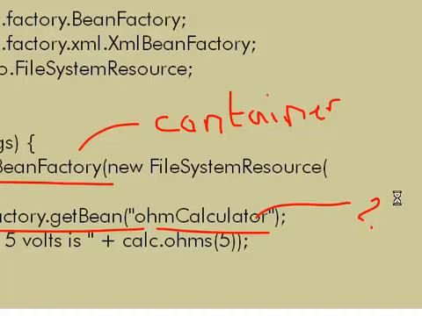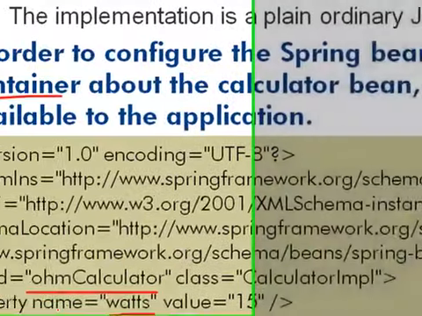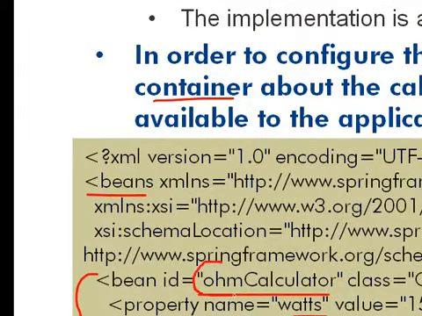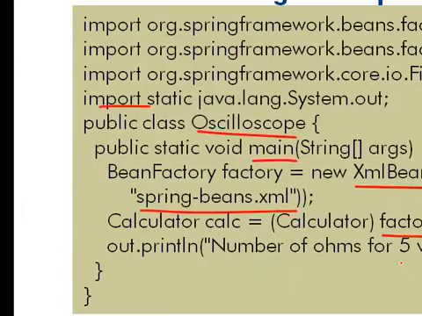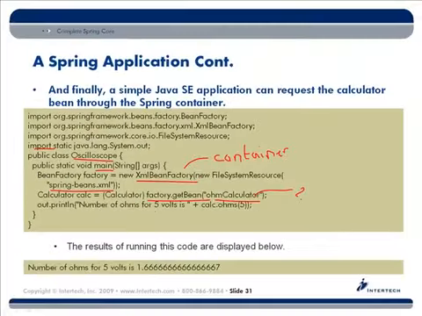Well, again, let me back up a slide and refresh your memory to the fact that the ID of the calculator impl that we provide in our Spring bean configuration is called ohm calculator. So we're essentially asking for that calculator impl bean. You'll notice we're using interfaces, so we're going to cast that to calculator type so that maybe the implementation might change later on. In fact, we'll talk about that here in just a second.